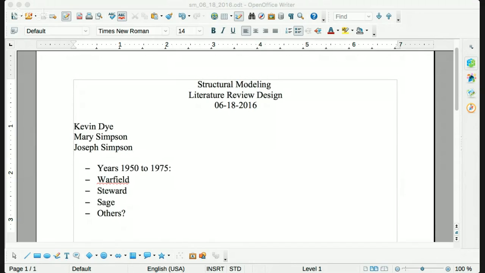So as we use these approaches and thread through them, they become very important. And I think it's foundational then for the literature review.